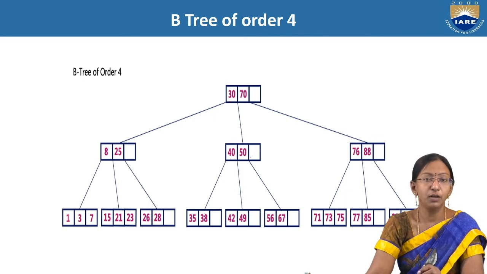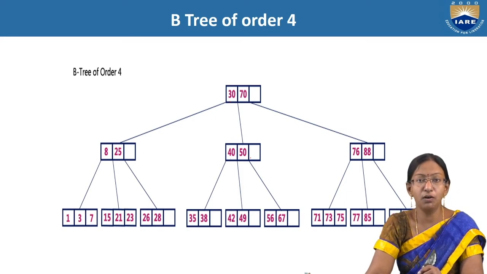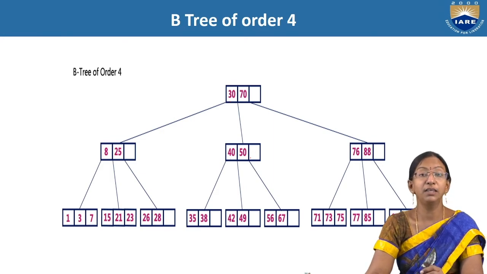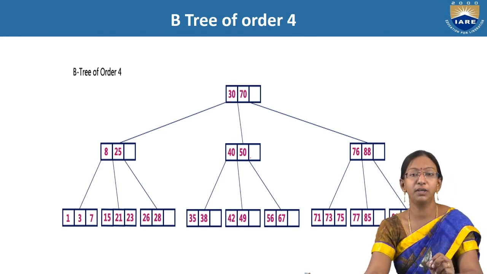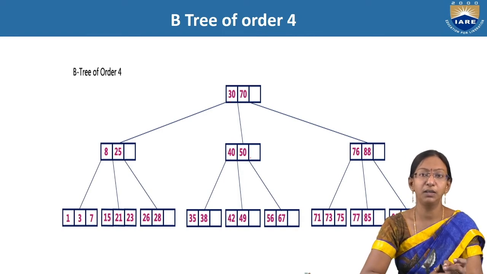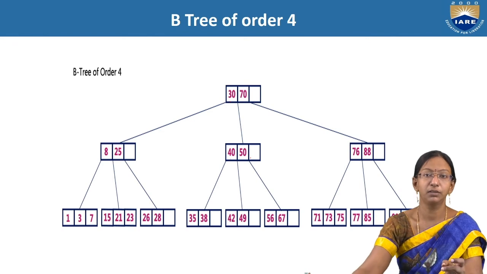Please remember, whether it is an AVL tree or a multi-way search tree like your B tree, every tree is a search tree in itself. So it must abide by the property that all the left children are less than or equal to the parent, whereas the right children are greater than the parent.